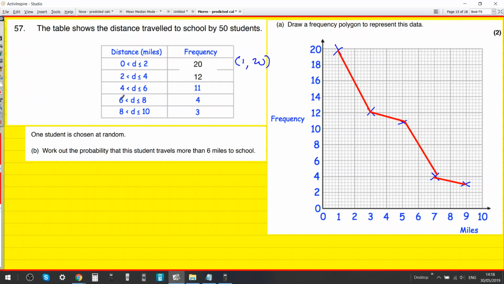This group here is 6, 7, and 8, but not including 6. So it's basically these two groups, 6 or more, like 6, 7, 8, 9, 10.